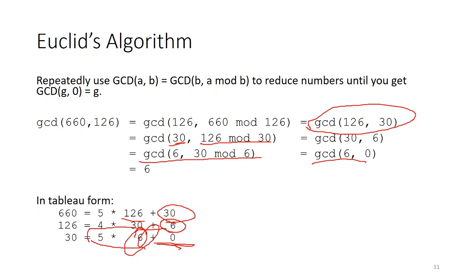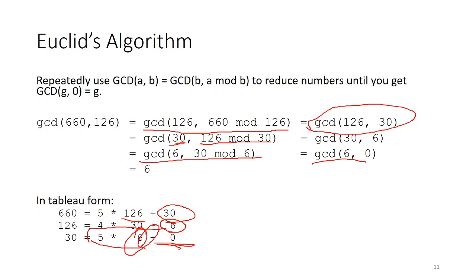Here is an example. We have the GCD of 660 and 126. 660 is greater, so we can convert using that property.